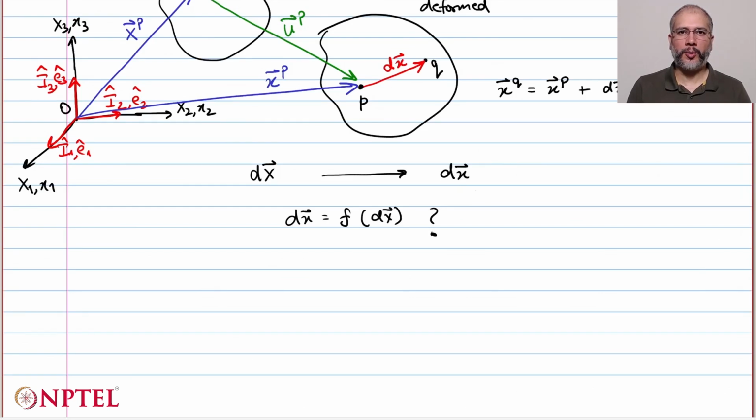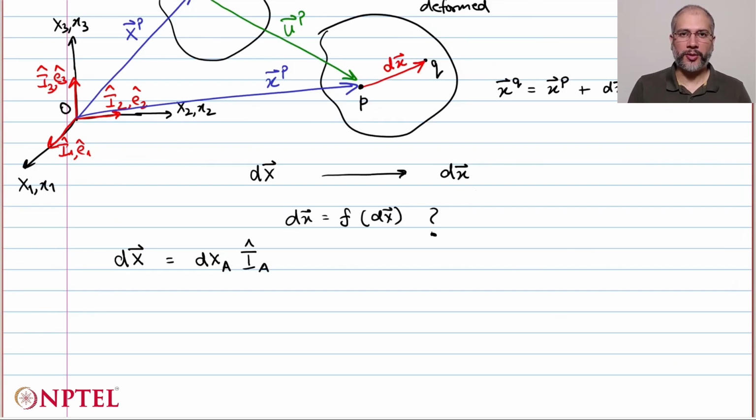So what follows now is going to be some mathematics. So we write d capital X, which is a vector, in its material coordinate representation. So that becomes the components with indices capital A times the unit vectors I hat A's.